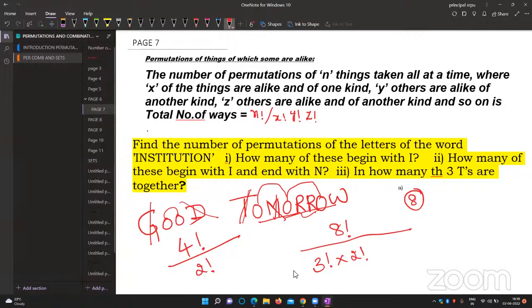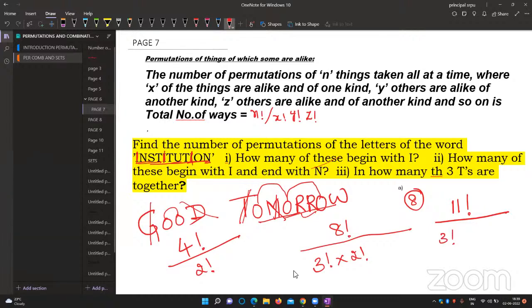Now I'm going to give you one more example. Look at this question. Here it asks about the word institution. How many letters are there? 1, 2, 3, 4, 5, 6, 7, 8, 9, 10, 11, so 11 factorial divided by repeated letters. I, how many times is there? 1, 2, 3, that is 3 factorial.